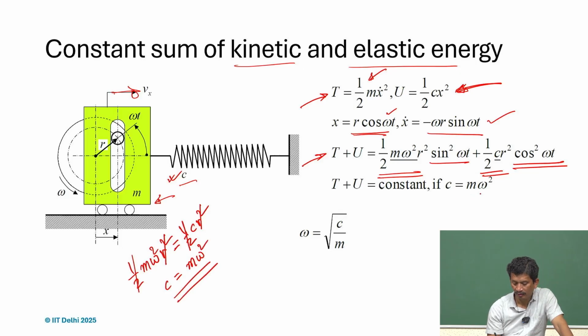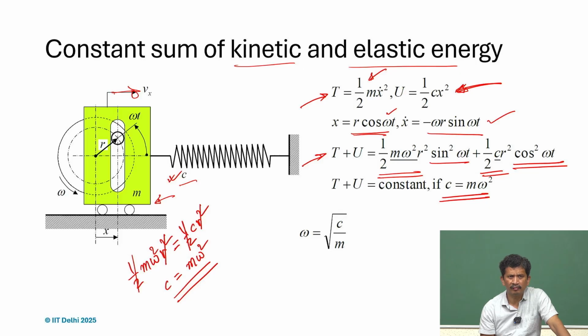If we can make sure that the stiffness is m times omega square, whatever the rotational speed omega we are looking at, or conversely, omega has to be under root c by m.